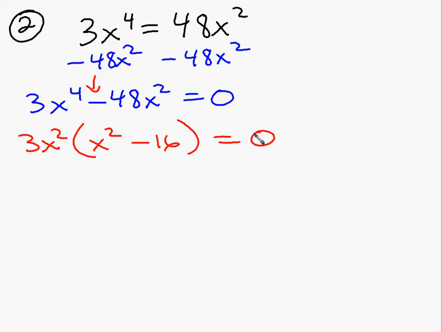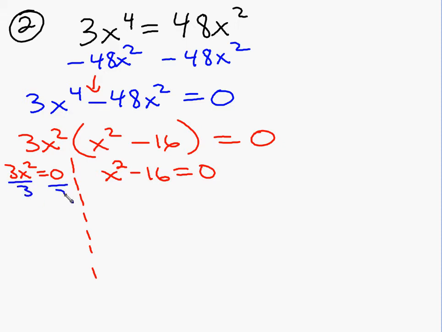And what do you know about that? We do have a difference of two squares. So I can break this up into 3x squared equals 0 and x squared minus 16 equals 0. So on the left side, I divide both sides by 3, and I have x squared equals 0, so x just equals 0.